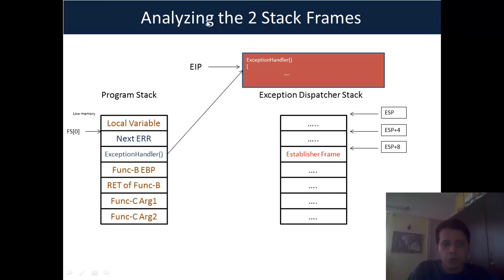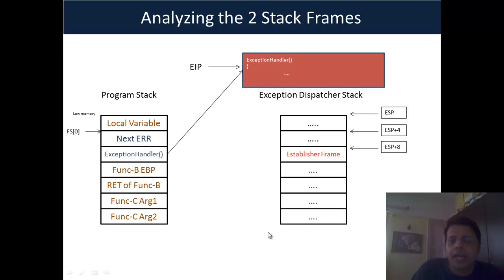It is important to note that when the CPU runs through this exception handler, when the exception happens, all the data here would be on the exception dispatcher stack, which is still running in the same context of the current thread. But it is important to note that this stack is on a different stack frame, even though they are located physically in the same process.